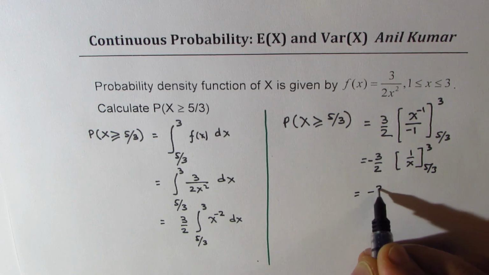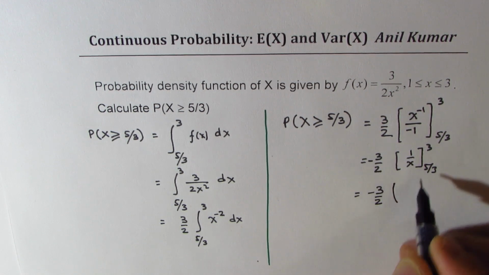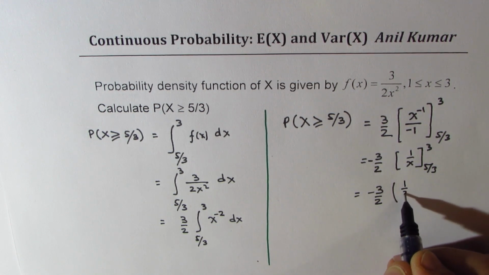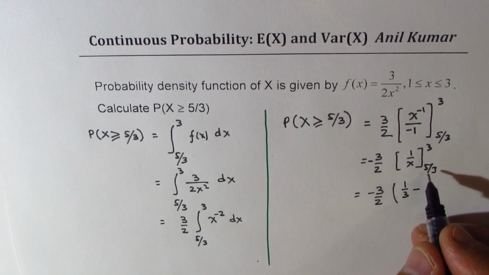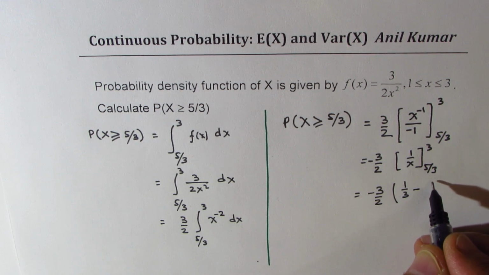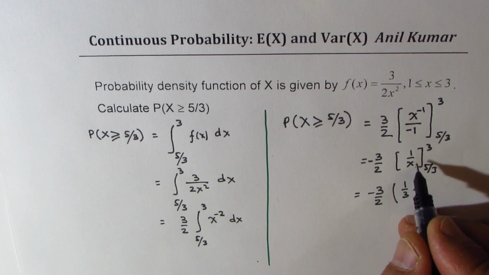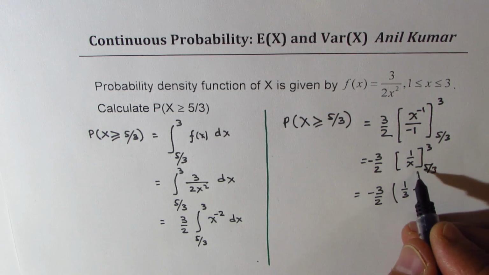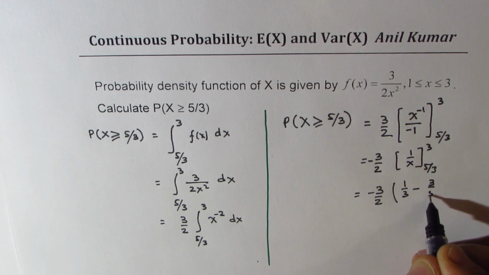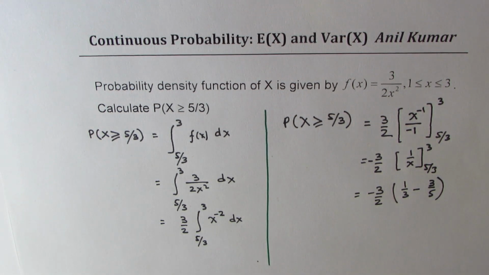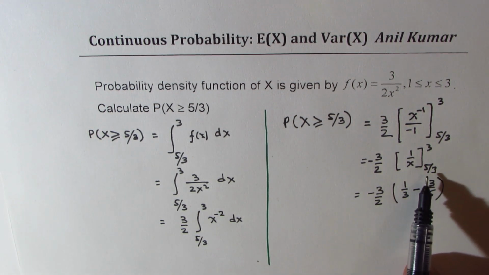So that gives you minus 3 by 2. We get 1 over 3 minus 1 over 5 of 3. So you could write this as 3 over 5, correct? So reciprocal of 5 over 3.